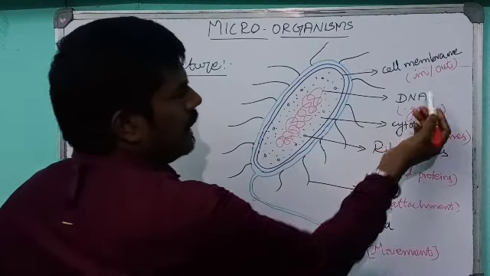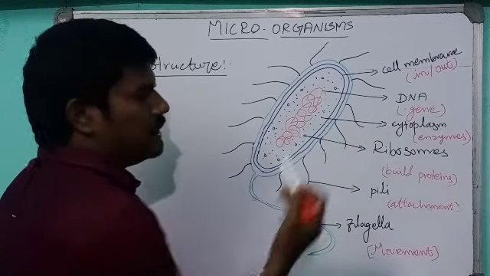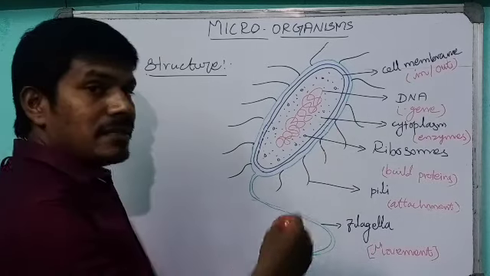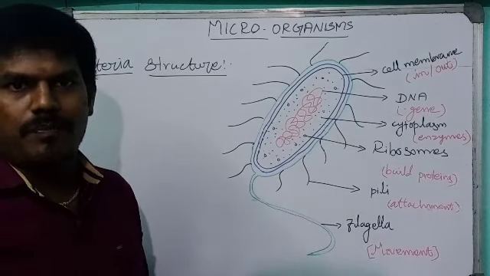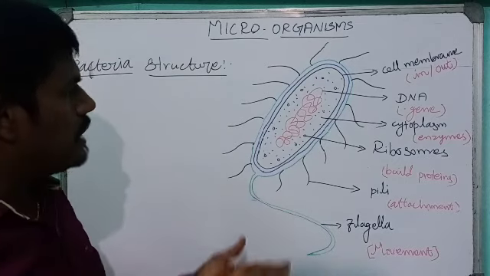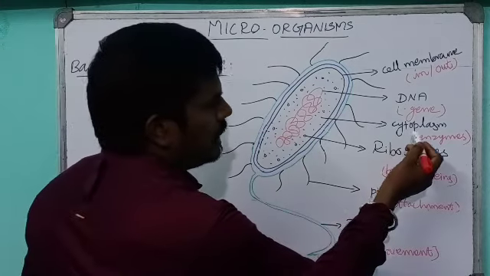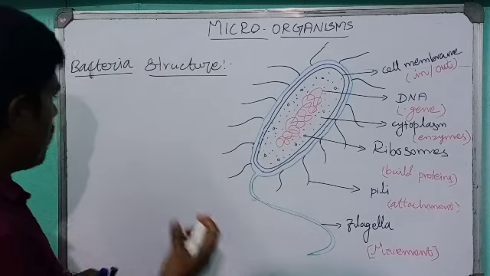That is DNA. The DNA is responsible for the genes. And then extra-chromosomal DNA is present, that is the plasmid. The plasmid is present in the cytoplasm. What is that? Plasmid.